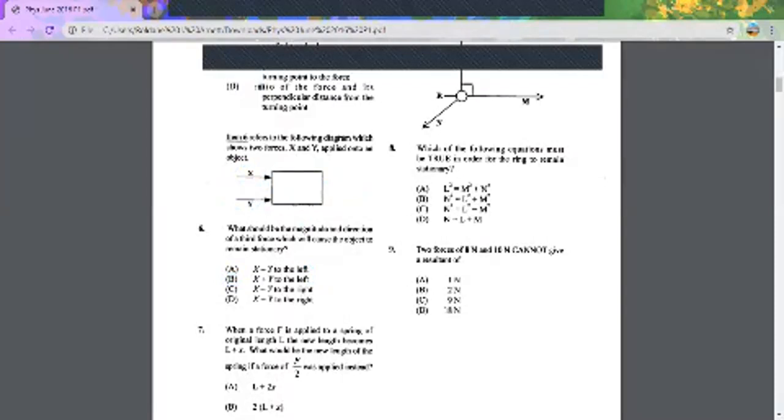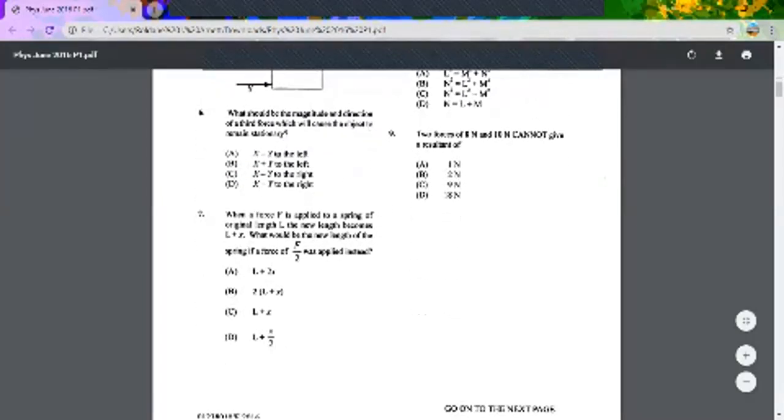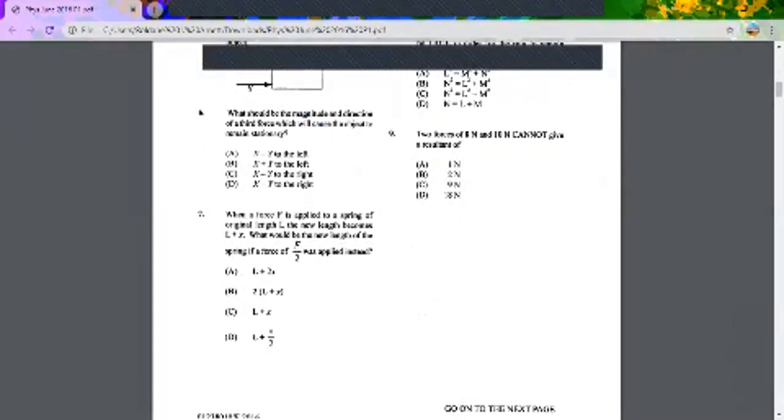Moving on to item 7. It reads, when a force F is applied to a spring of original length L, the new length becomes L plus X. What would be the new length of a spring if a force of F over 2 was applied instead?